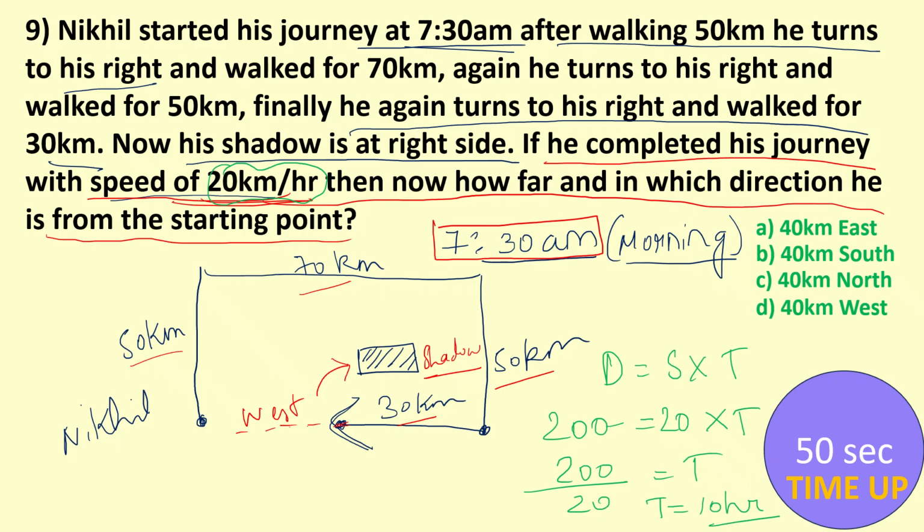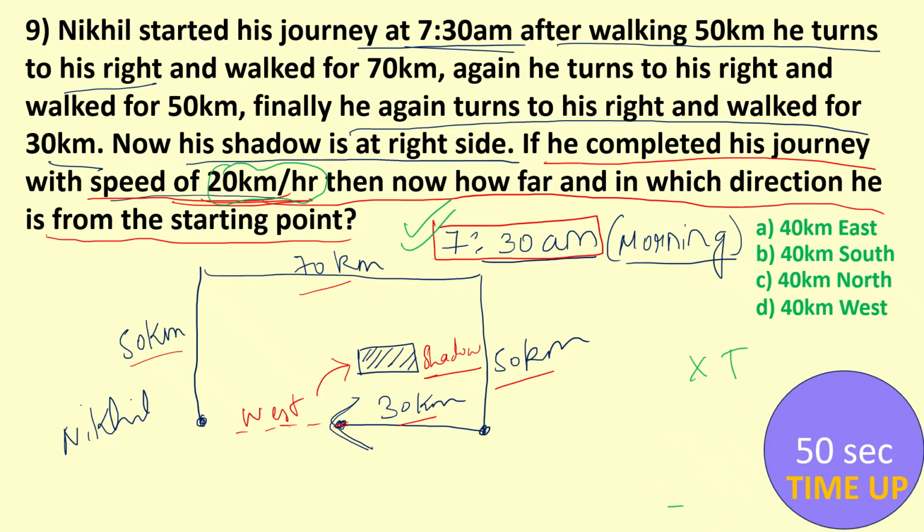Now he started from 7:30 a.m. The time is 10 hours if he walks at the speed of 20 kilometers per hour.